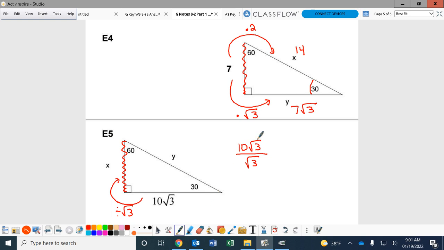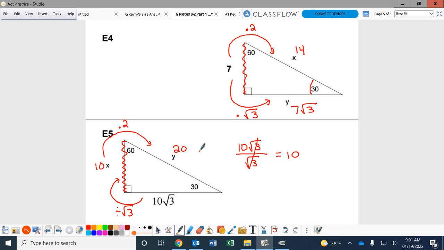It cancels out, and my answer is just 10. And because I have my short leg at 10, to go from the short leg to the hypotenuse, you would multiply by 2, and your hypotenuse would be 20. Good.